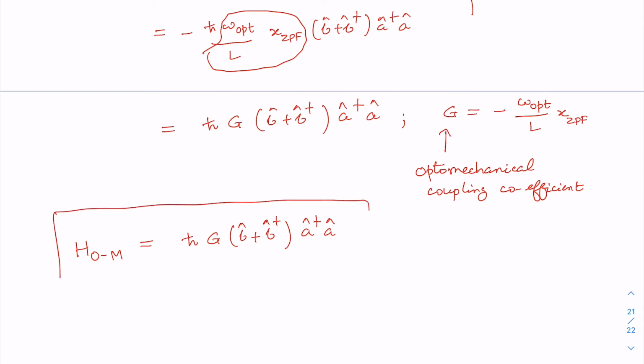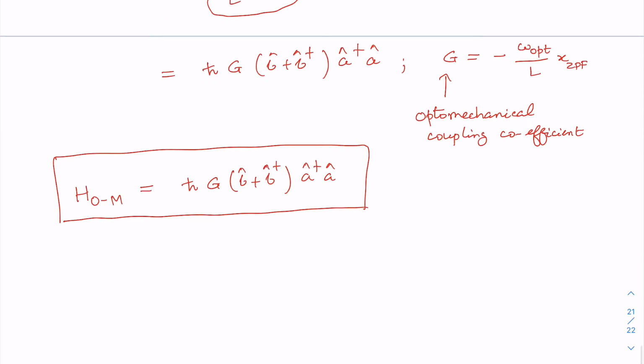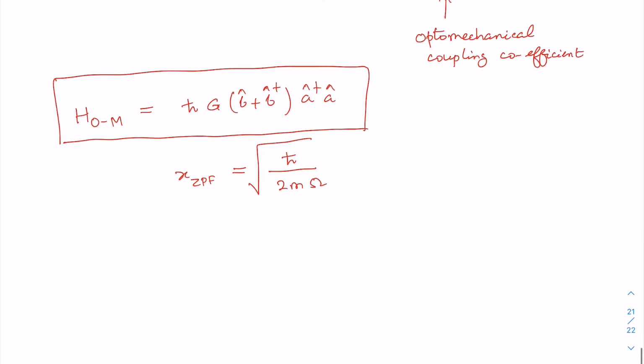This is a very important component of the total Hamiltonian we have got. And just recall that this x zero-point fluctuation is the square root of h cross divided by twice m omega. Here m is the mass of the mechanical oscillator, and this is typically around a femtometer, 10 to the power minus 15 meter.